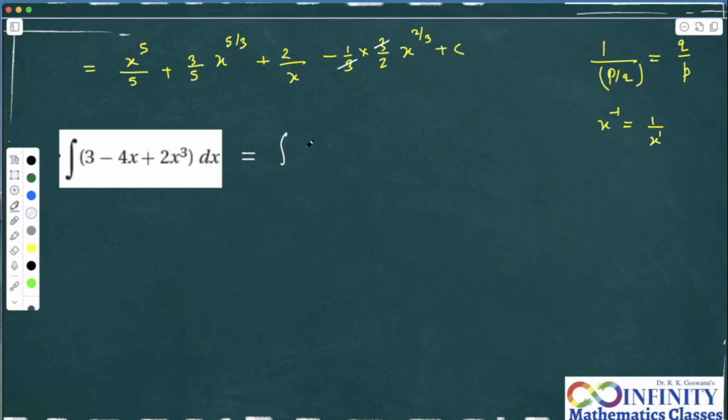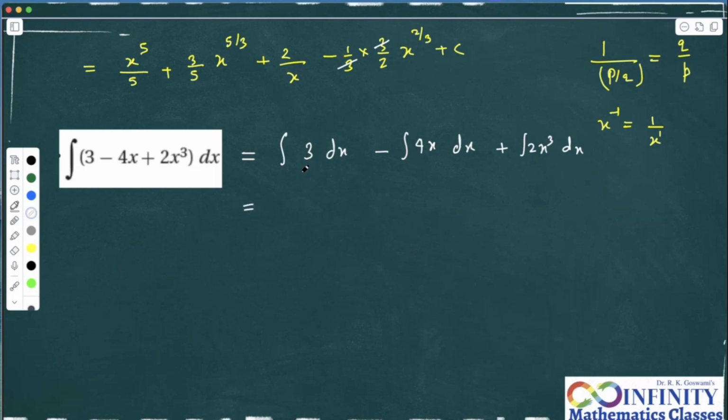So you separate every one of them. Perfectly. Okay, integral 3 dx, integral 4x, you see the negative, positive, negative sign. Yeah, negative plus, and positive, it is 2x cubed dx. And then, after that, the integral of 3 dx is just 3x. Perfectly.